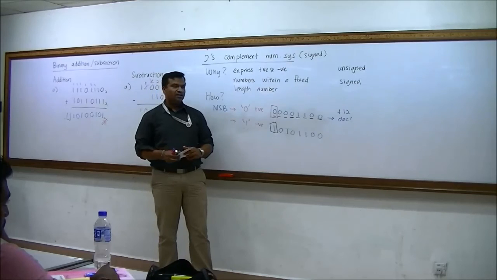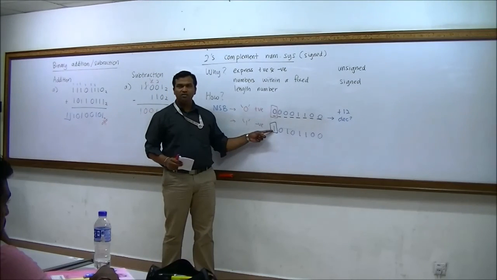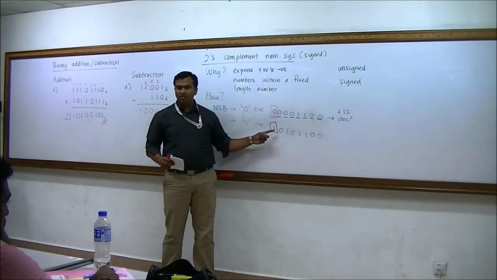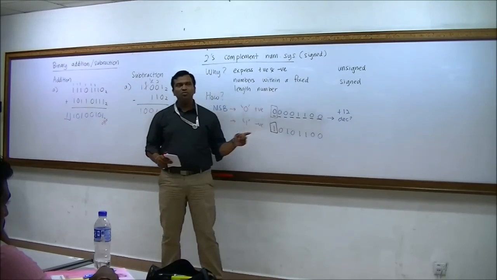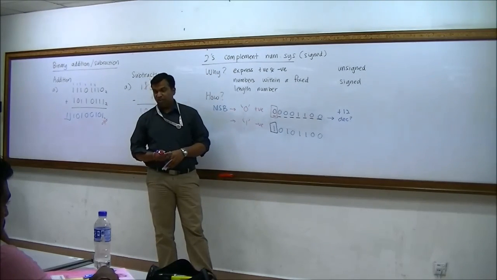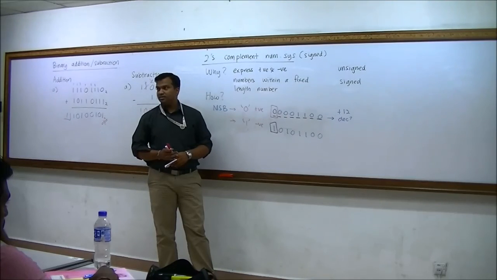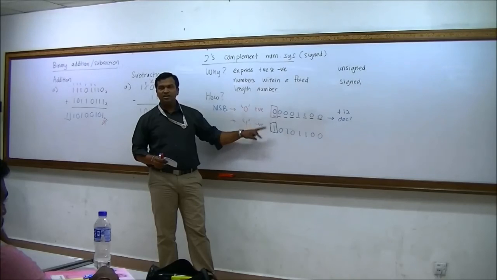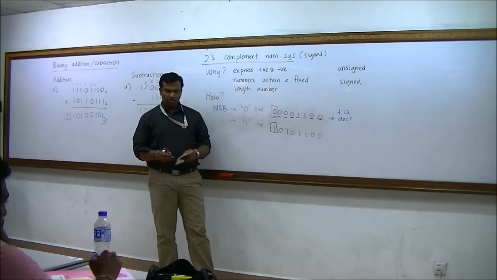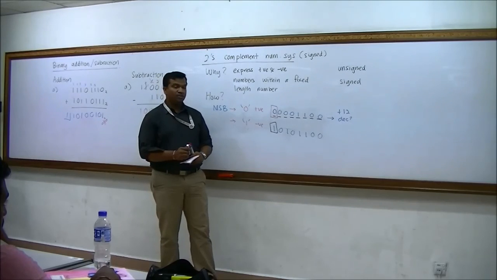But if you see that this is actually 1, you know that this is a negative number. For a negative number, you cannot directly take the weightage. What do you have to do? You have to perform negation to get the equivalent number. So you need to perform first complement.